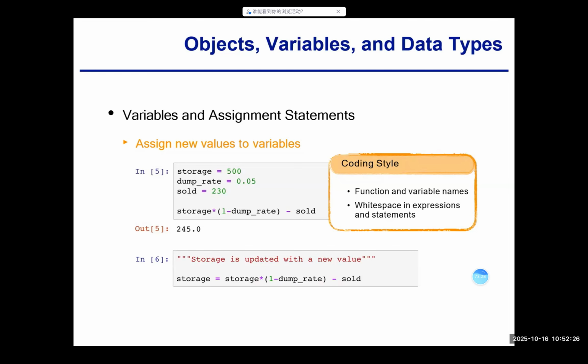This is not a compulsory requirement, but it's highly recommended that, for better readability of your code, we usually use blank space around the assignment operator. So for your readers and for yourself, when reading the code, it will be easier to read.